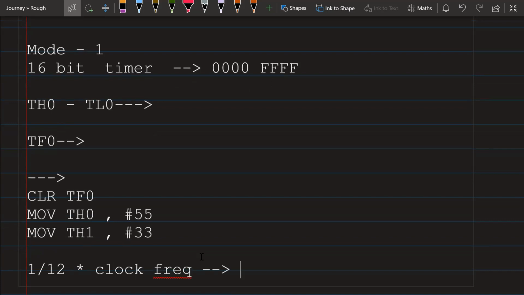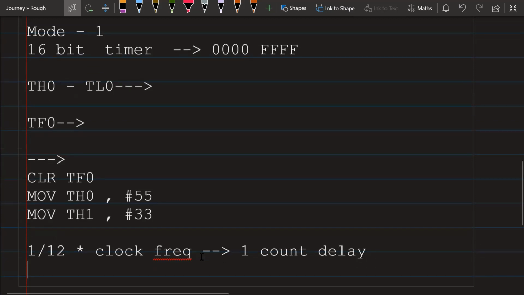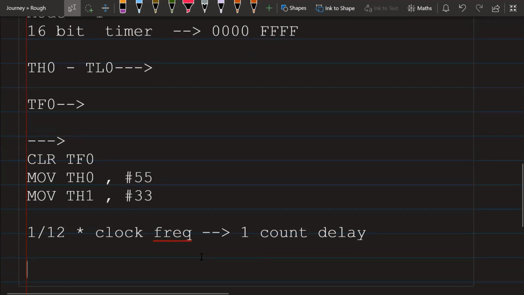Based on that, you have to see how much delay one count is. For example, if I want 12 microseconds, I need 12 counts. Then what do you have to load to the timer? It's not 12. You have to load 255 minus 12. Correct?